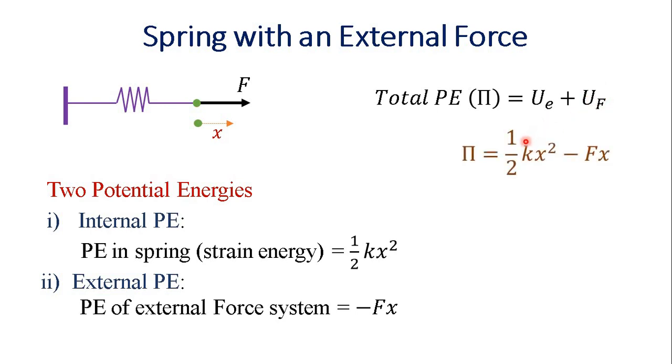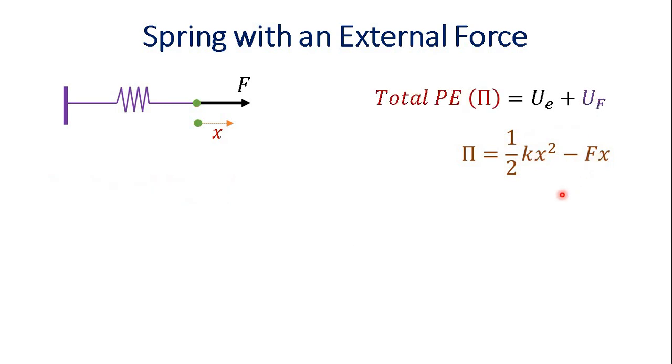So UE is half kx squared and UF is negative of fx. Now, as I already told you, the physical systems that are at rest are always at minimum potential energy. That is the state of stable equilibrium, right?